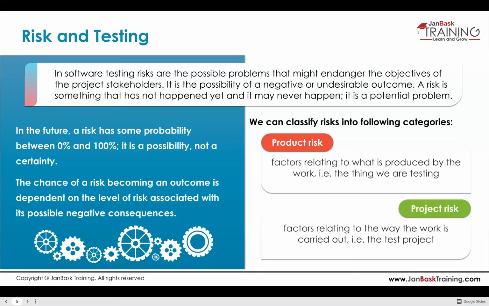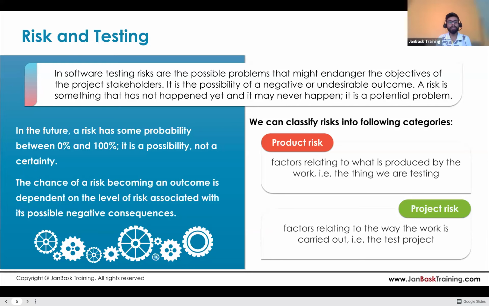Okay, and the probability that the risk will actually block something or have some impact can be 0 to 100%. It might happen that you are considering it as a risk, but actually it's not a risk, and you will be able to proceed with your work.